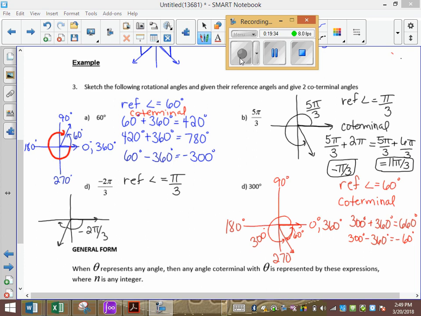You could do that. So you could go negative 120 minus 360, which gets you negative 480 times pi over 180, which is something. What's negative 480 divided by 180? Oh, it's going to be negative 8 over 3.